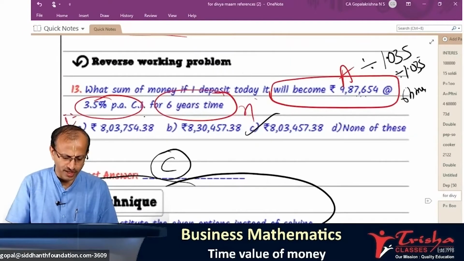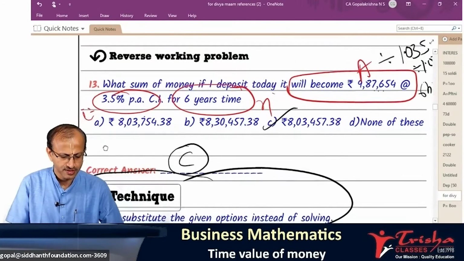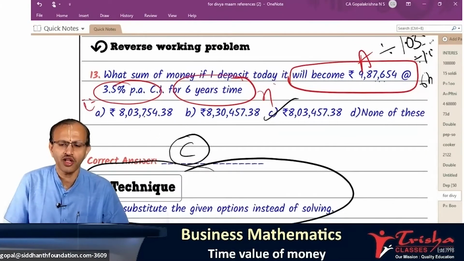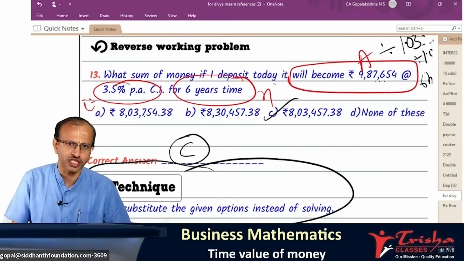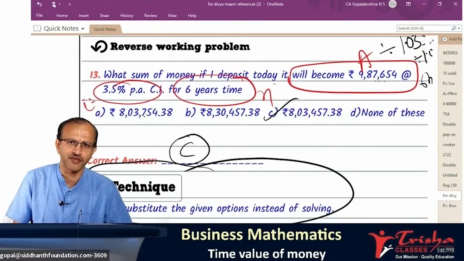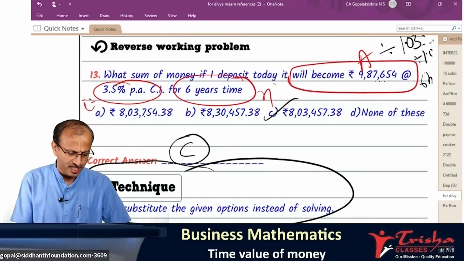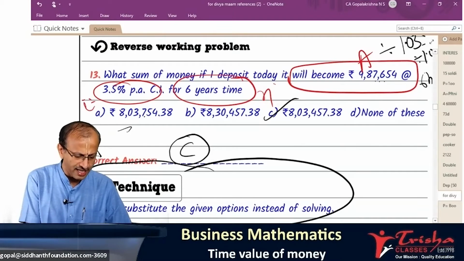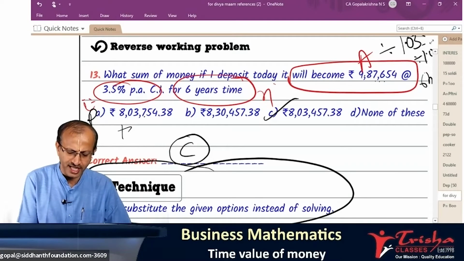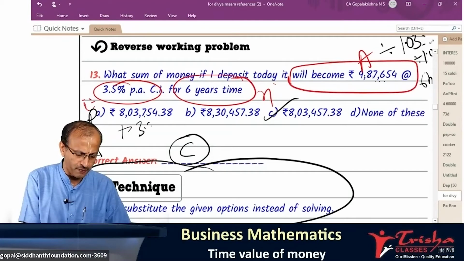I'll just tell you one more method. All the times the reverse working questions, please note, should be tried by the options. Let us try this. If this is the principal, whether I get the amount. How do you do it?